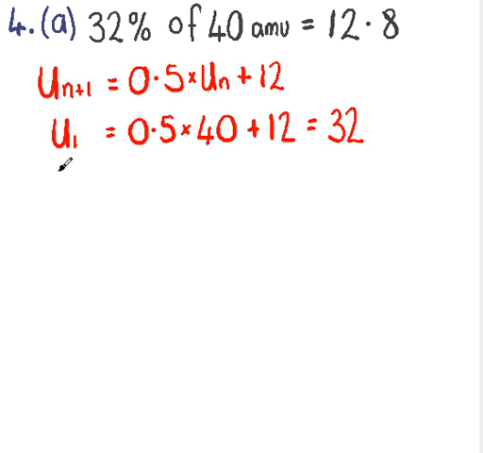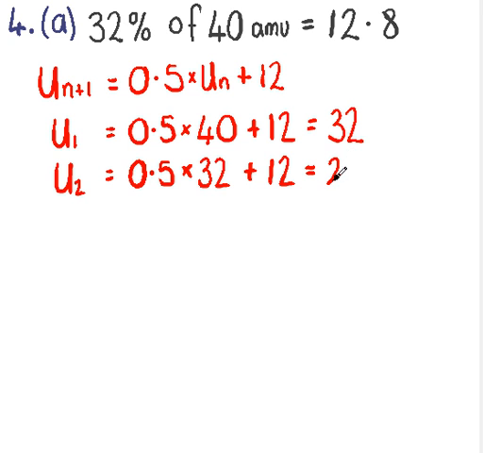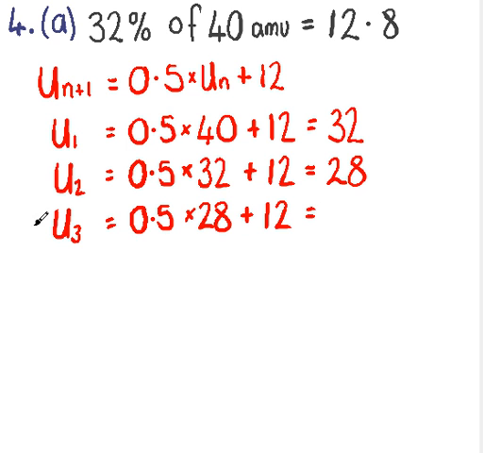We'll go ahead and work out U2 the same way. So U2 equals 0.5 multiplied by the previous term, which is 32, add on 12, and that gives us 28. Similarly, we can do U3. This time it's 0.5 times 28, add 12, that gives us 26.